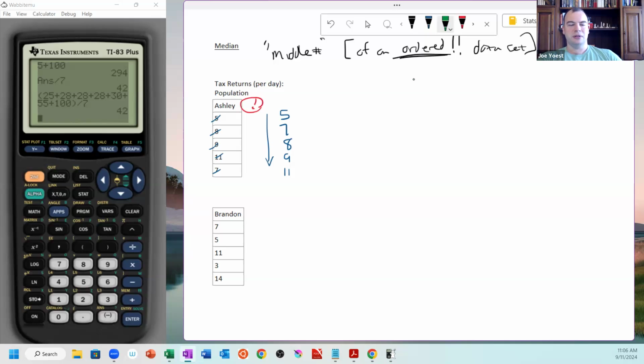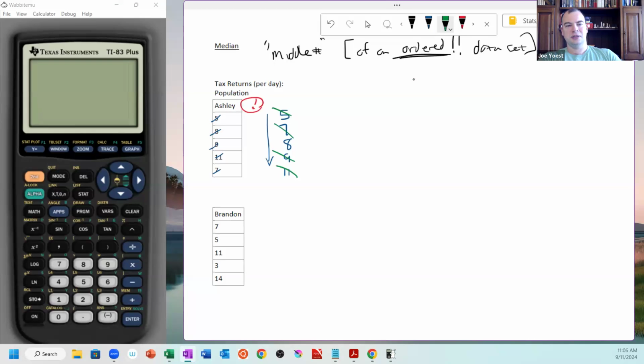Well, once I have it ordered like this, there's a smallest number and a largest number, right? There's a data point with the smallest value, a data point with the largest value. I just cancel both of those. Not forever; if I was going to compute the mean, I'd put them back in, but just for the purposes of this calculation. I have some more data, a smallest and a largest.